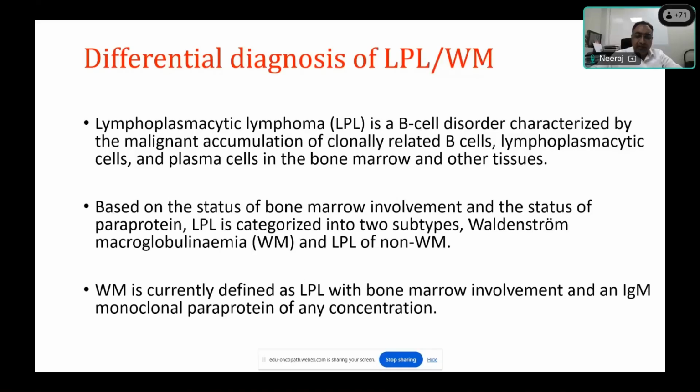And when you are evaluating, before you arrive at a diagnosis, you need to exclude other low-grade lymphomas like CLL or mantle cell lymphomas, where there could be an additional plasmacytic differentiation, or even marginal zone B-cell lymphomas where there could be an overlap.